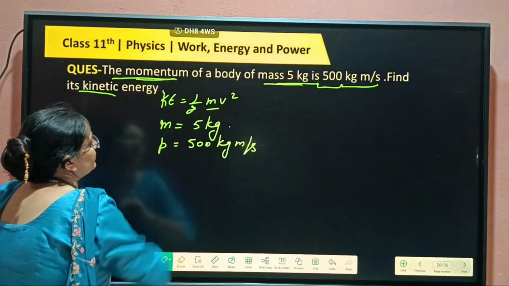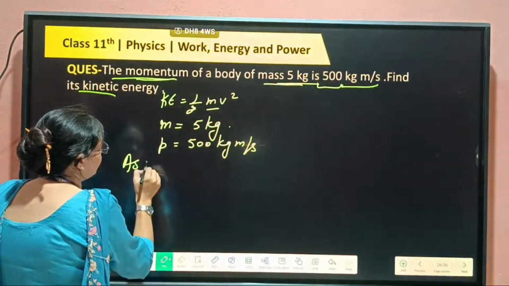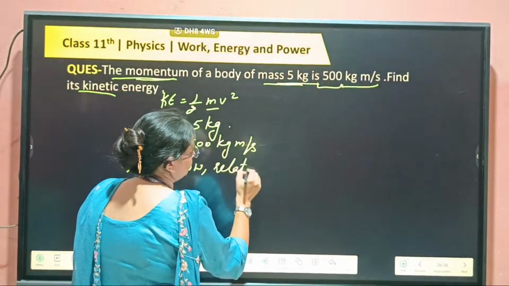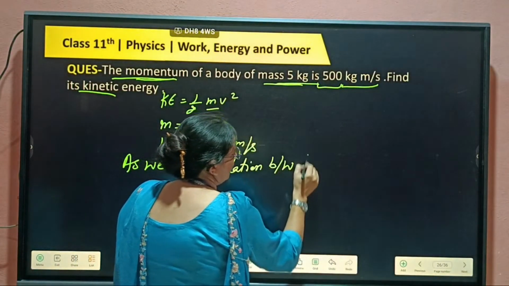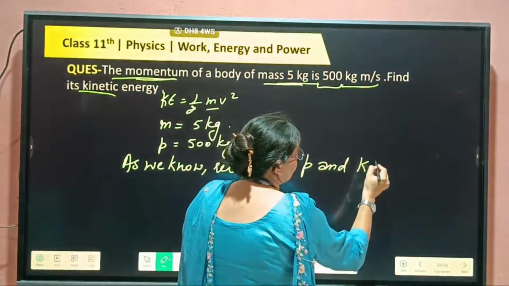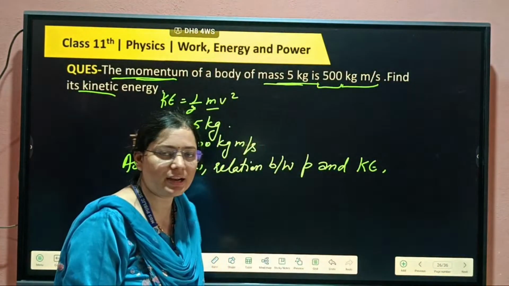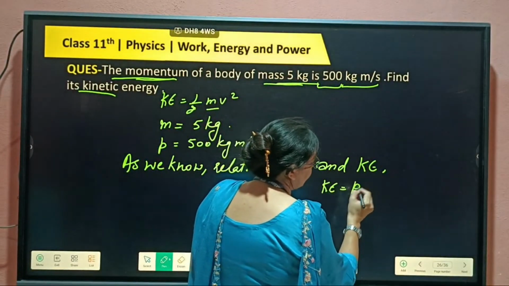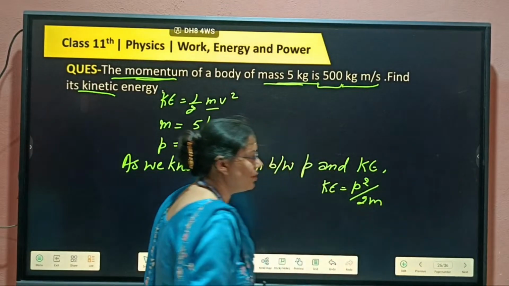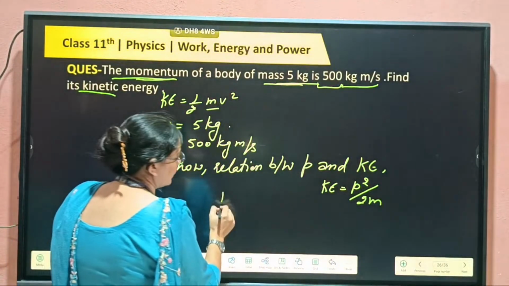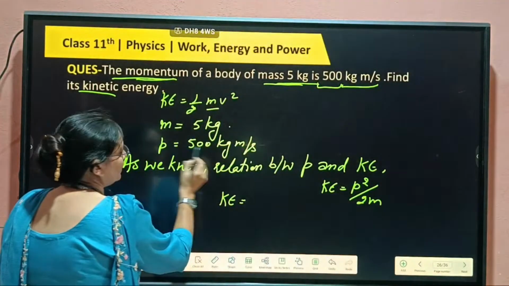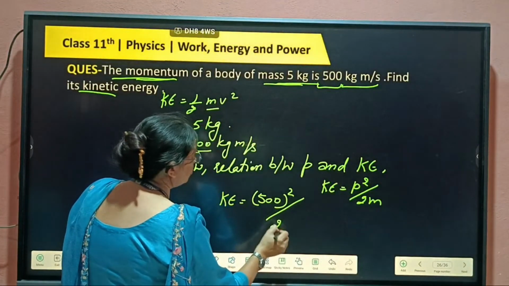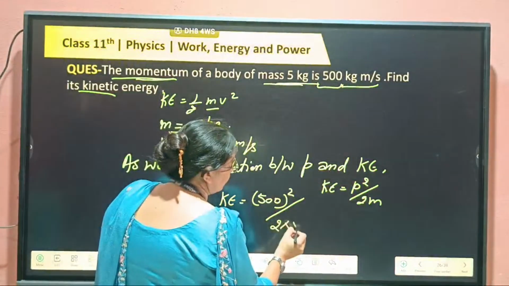So we can write the relation between them. As we know, we have done a relation between p and kinetic energy. P is your linear momentum and kinetic energy. Now already we have done. You have to find kinetic energy, so kinetic energy we can write as P square by 2m. So use this one. Then kinetic energy is equal to square of P, 500 given, square of this 500 divided by 2 and m is equal to 5.